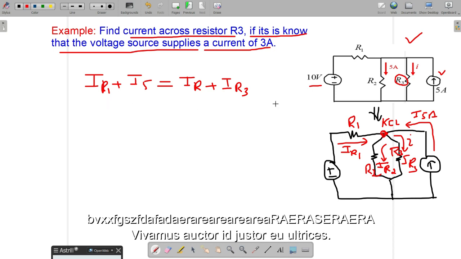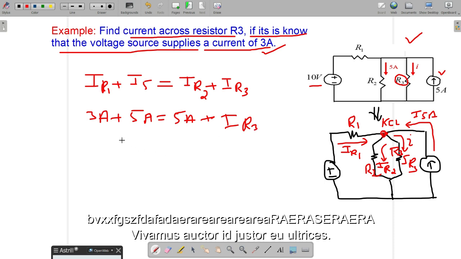Okay, so IR1, according to the above question, is 3 ampere, plus I5 current is 5 ampere, is equal to IR2, which is actually 5 ampere, plus IR3.